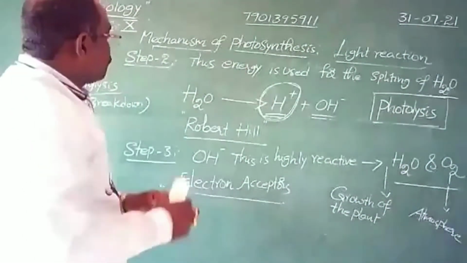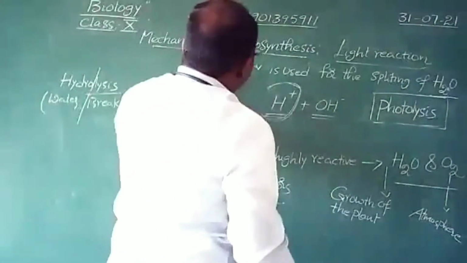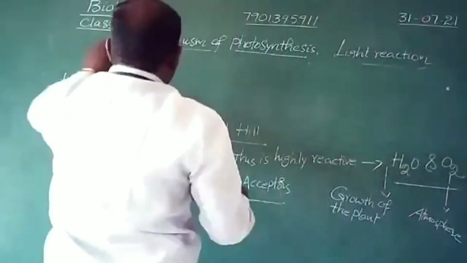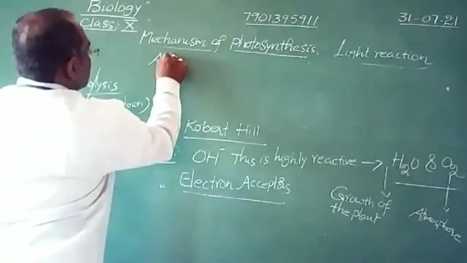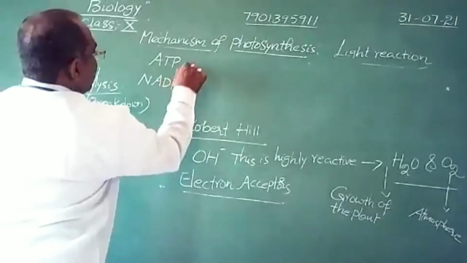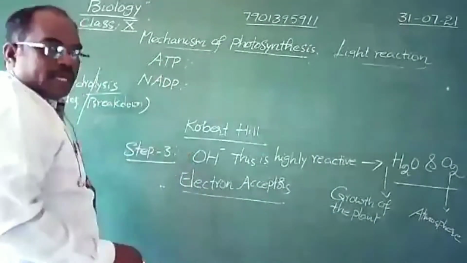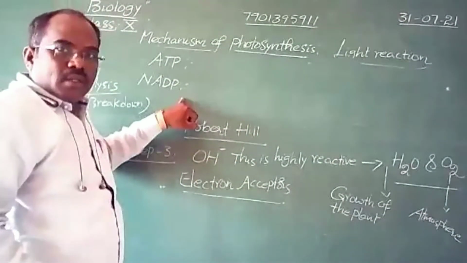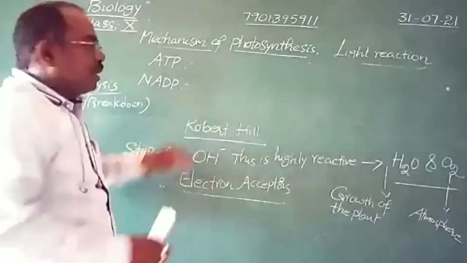One is ATP, and another one is NADP. These compounds are formed.